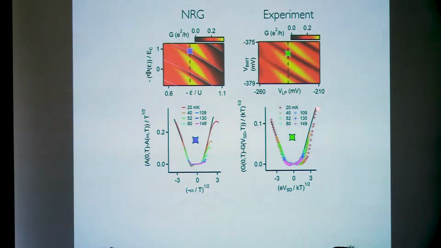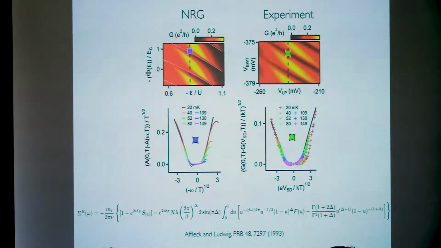So before I get to that, this black line here does come from a kind of gross looking but nonetheless exact expression which you can relate to conductance in the limit where one of the leads of my small dot is much more weakly coupled to the small dot than the other one.